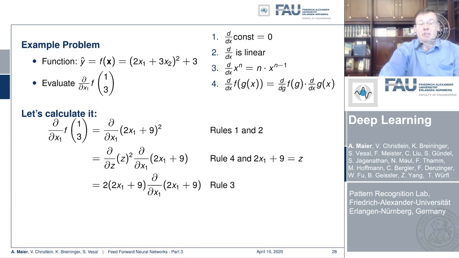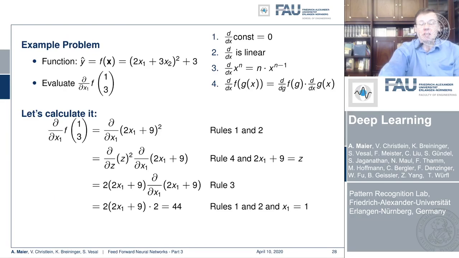In the next step, we can then evaluate the partial derivative of something to a power of 2, where we have to reduce the exponent by 1 and then multiply with the exponent. So this is going to be 2 times (2x1 plus 9) times the partial derivative of 2x1 plus 9. So we can simplify this a little bit further.